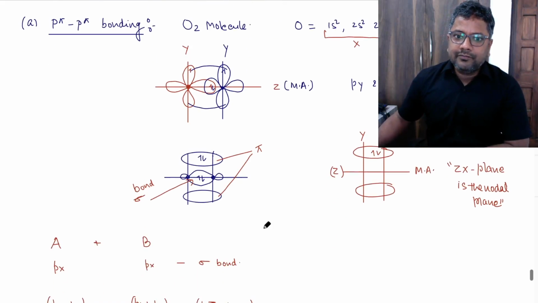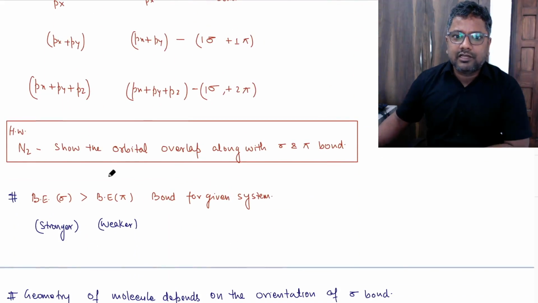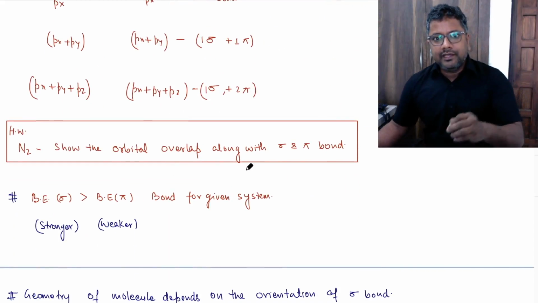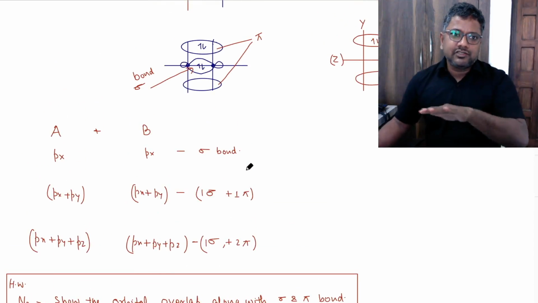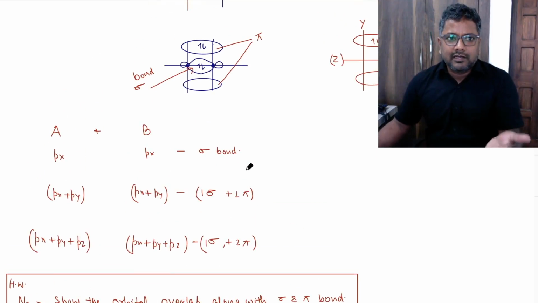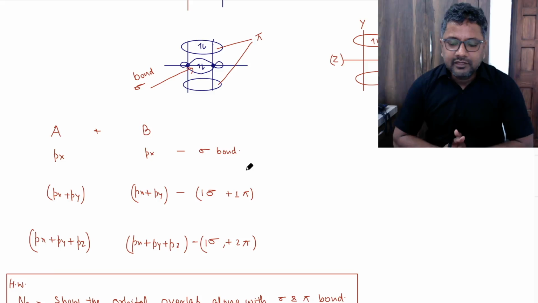If it cannot explain the property of the O2 molecule, then see the nitrogen molecule, this is diamagnetic, meaning there are no unpaired electrons in the nitrogen molecule. By this theory you will get that there is no unpaired electron in nitrogen, but how can we confirm that this is true or false?